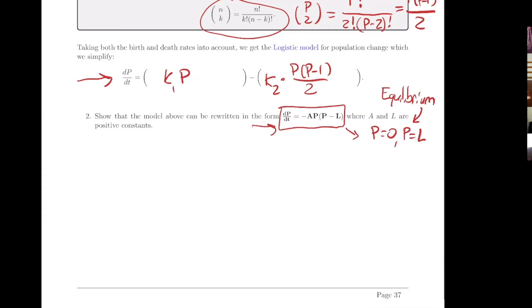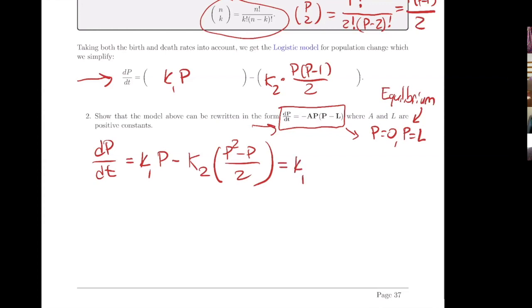So just to go through the algebra, what I could do is take this term over here and write it as p squared minus p over 2, and then distribute this out. Okay, so I just distributed the p through the p minus 1, and then distributed the k2 through each of those two terms.